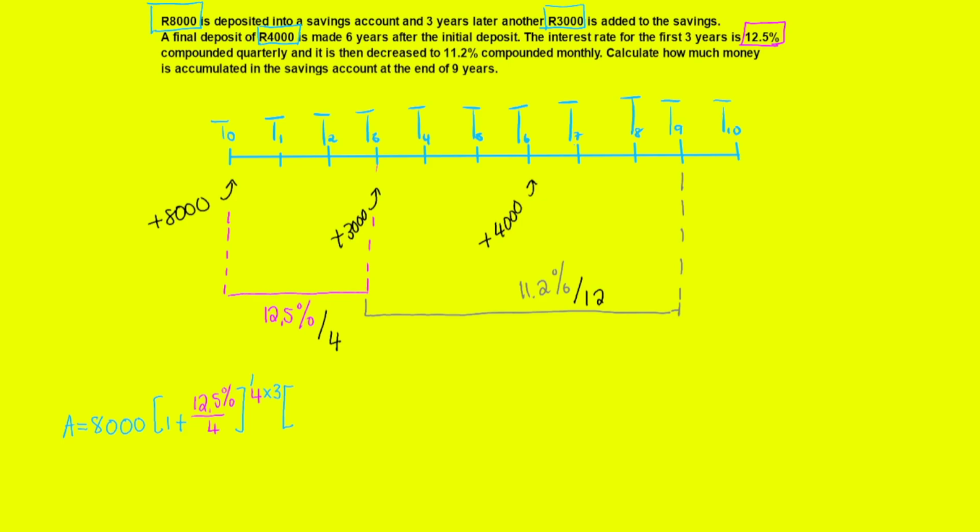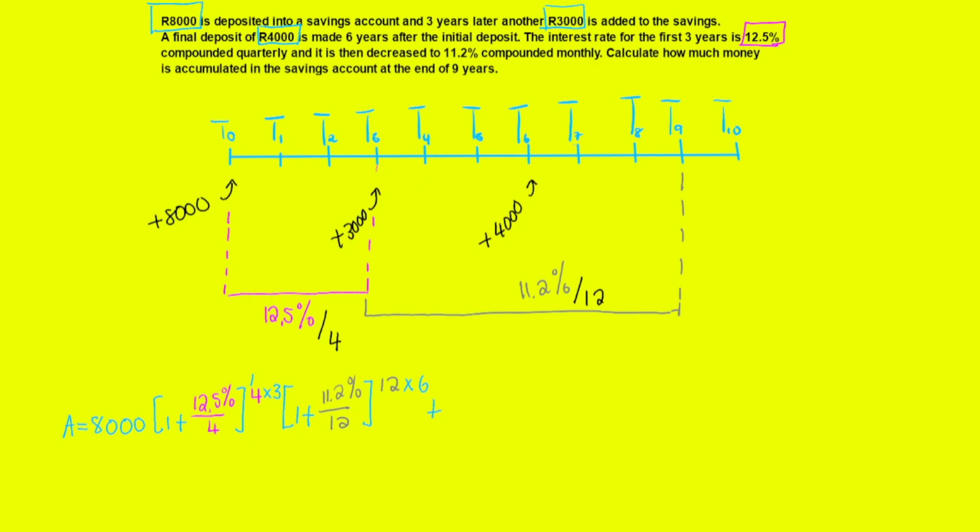Now, once the interest rate changes, you just multiply the old one with the new one. Compounded monthly, so divide by 12 and raise to the 12 for the remaining years, which would be 1, 2, 3, 4, 5, and 6 for the remaining 6 years.